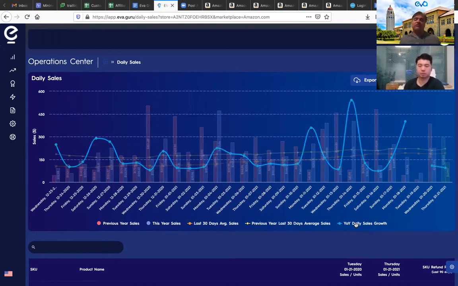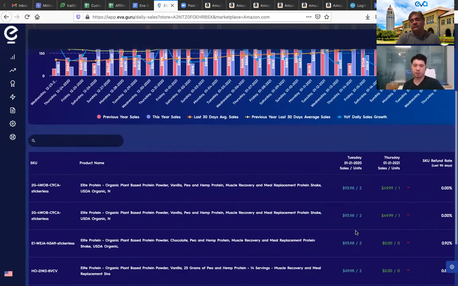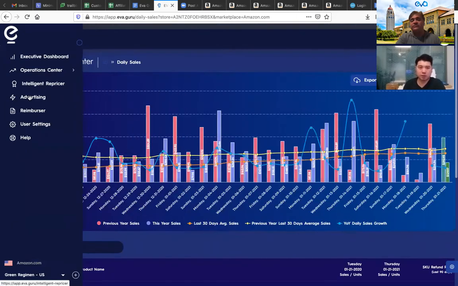If the private label has been selling for more than a year, they are able to see all types of differences and what they did last year at the same time versus this year, whether it's a lightning deal or a prime deal or another campaign or something else that they can compare as well. So that's another unique value of Eva.